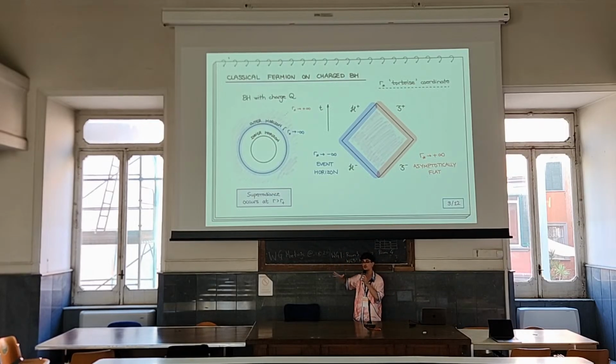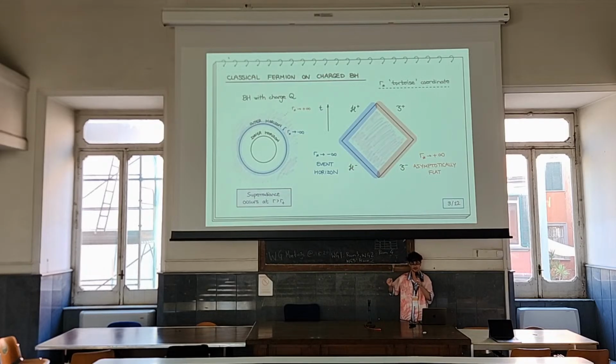That's where superradiance happens. Superradiance is going to see the black hole as a scattering potential, so that's why we're not interested in the region inside. On the right part of this slide, I show the Penrose diagram corresponding to this outer region, the relevant region for us for describing this phenomenon.